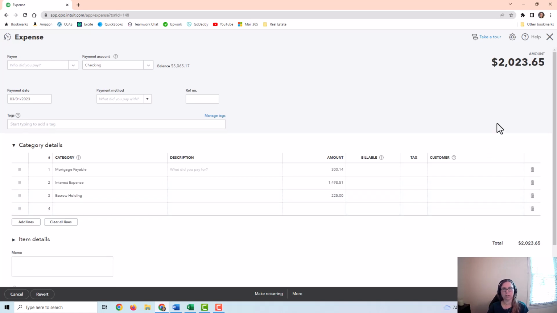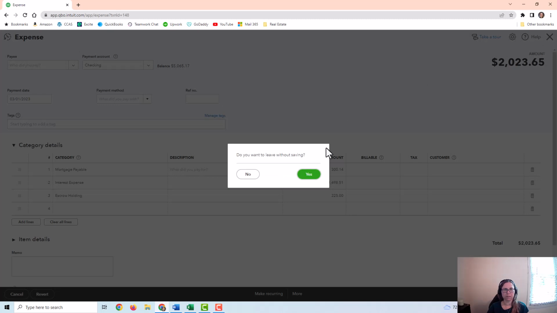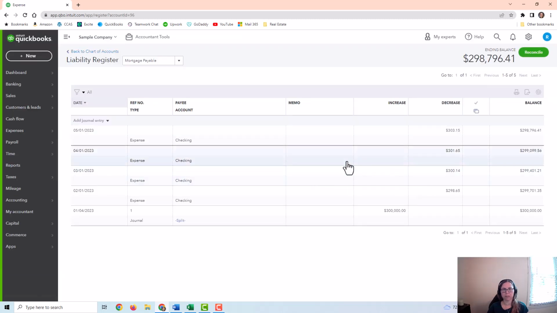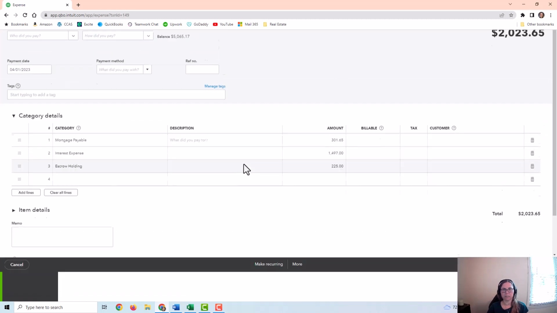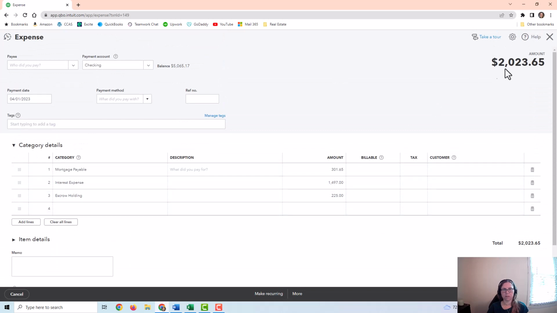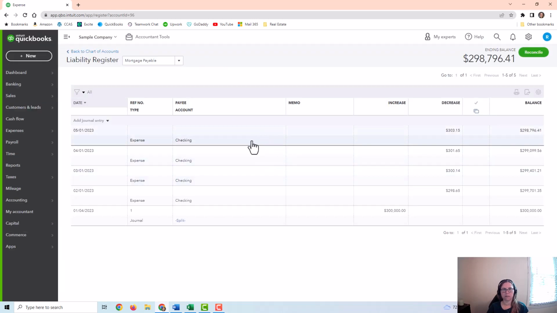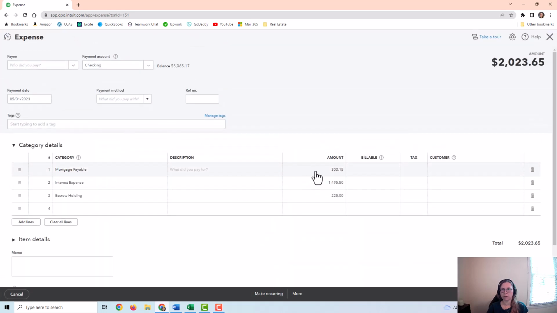So just keep that in mind. But otherwise, you're going to pull the amounts from the statement. And I did that each month. So I'm just showing you what that looks like each month.